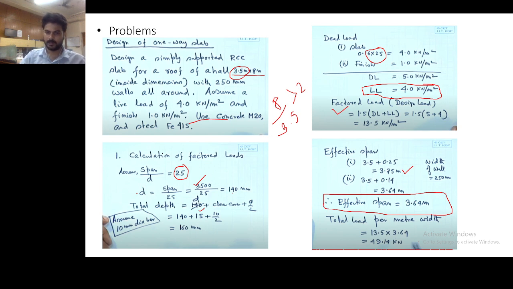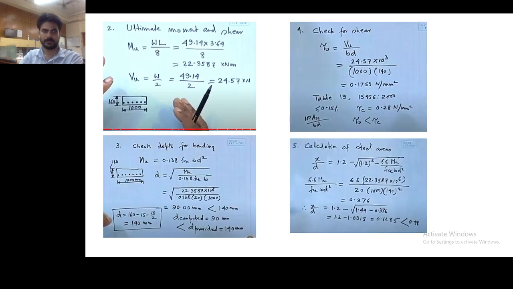To calculate the bending moment, everything we require this. So total load per meter width, we can directly calculate as big W is 13.5, where this is taken from here, into 3.64, that's 49.14. Okay, so this will be used again to calculate the moment here.